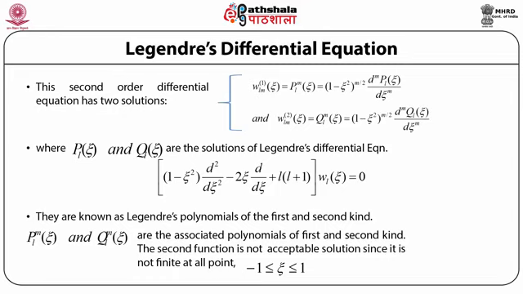Here we see that the second function is not acceptable as a solution since it is not finite at all points defined from minus 1 less than or equal to xi less than or equal to 1. Therefore, the solution that we will retain is only the first function, that is WLM superscript 1 xi.